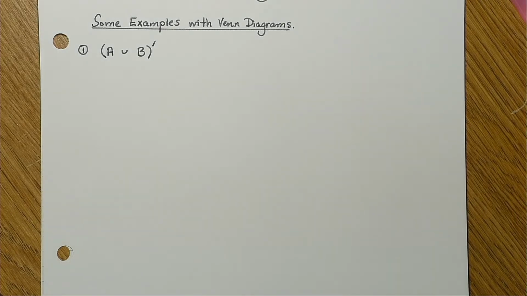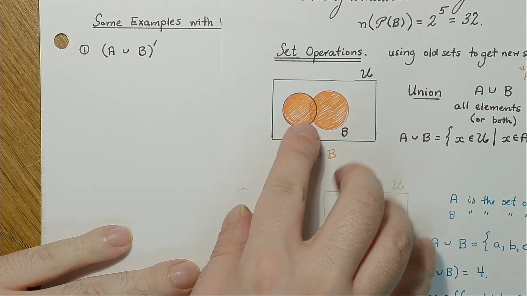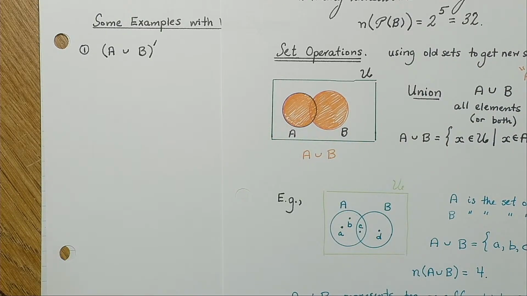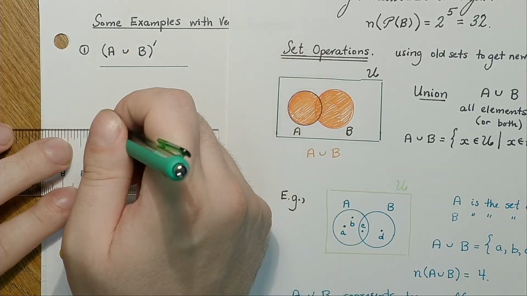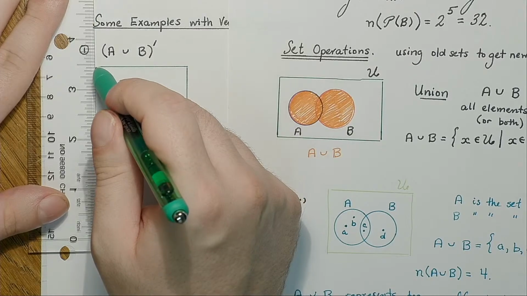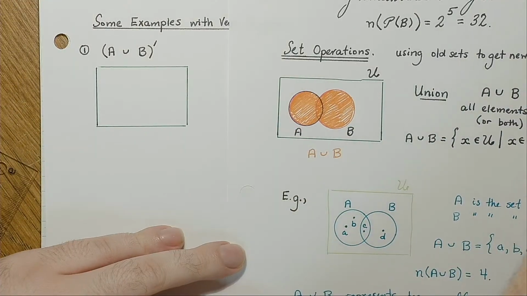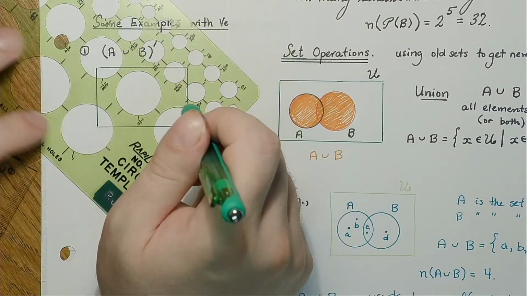Okay, so with this, flipping back to our notes, we know that the union is everything that's in A and B. See if we can pick something bigger. There we go.